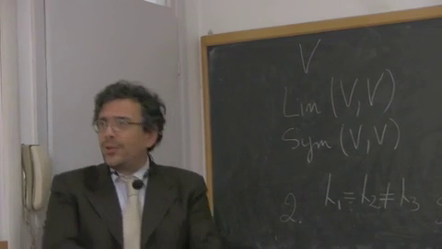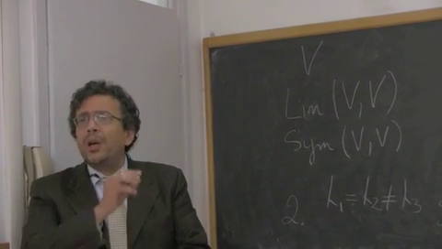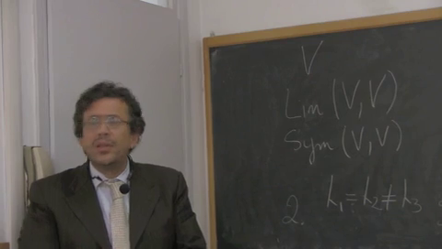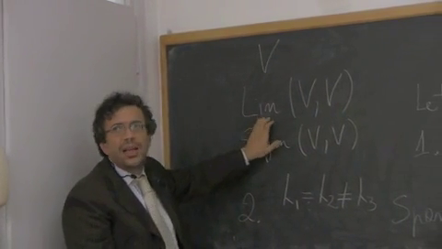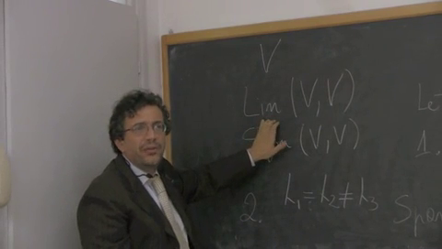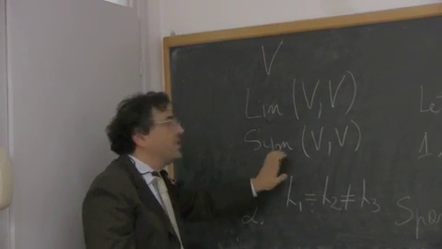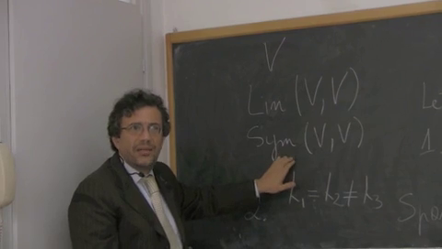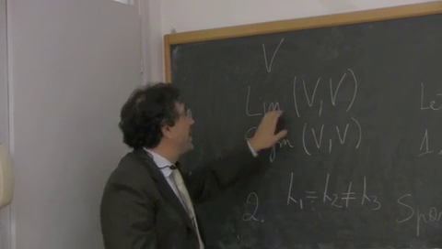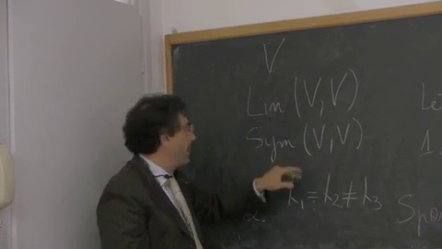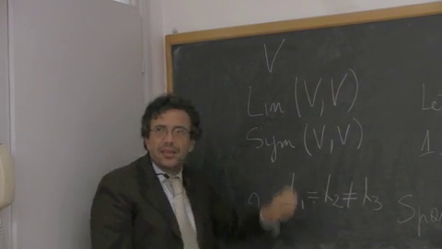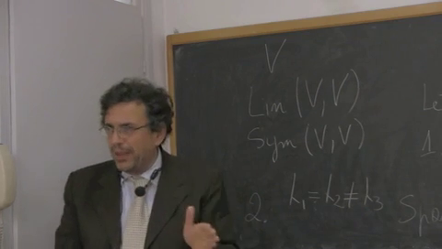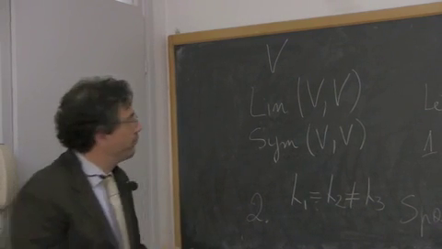Then you have minus a linear application, and if you are patient enough, you discover that this verifies all axioms of vector spaces. Also Sym(V,V) is a vector space, embedded inside Lin(V,V), so it is a subspace, okay?